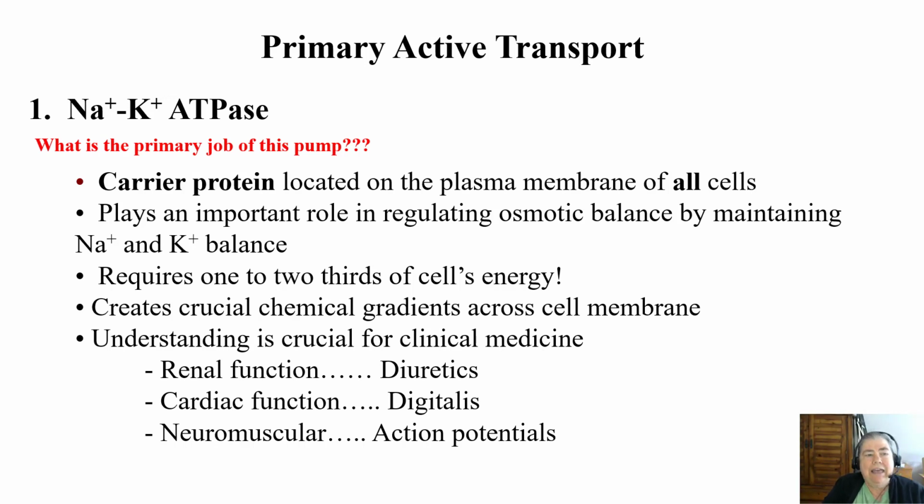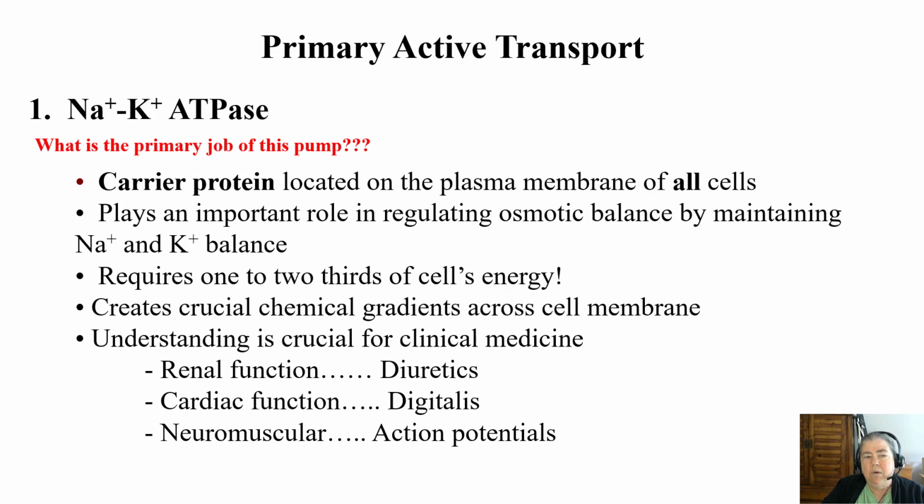And it has a really important function, which is that it creates this concentration gradient of potassium and sodium across the cell membrane of every cell in the body. And that allows us to maintain our normal osmotic balance by maintaining this balance between sodium and potassium.